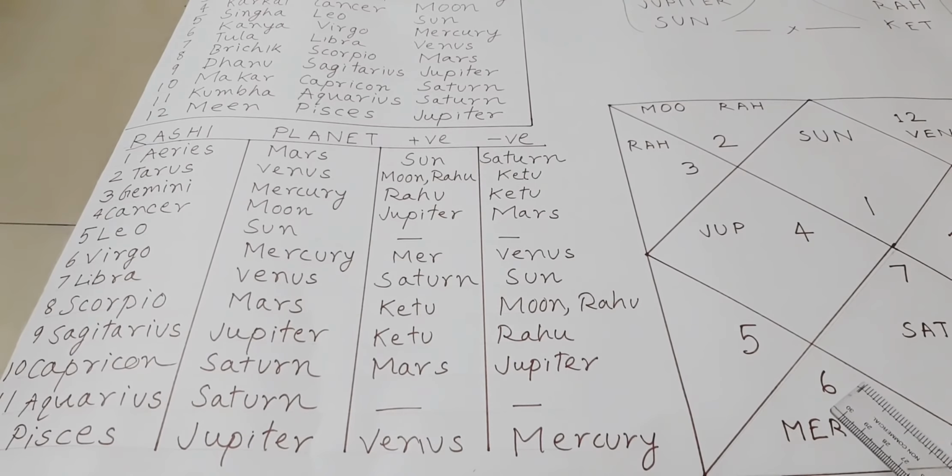For example, one person is born at a time today and his time starts with Mercury Mahadasha. And another person who is born at the same time on another day, his Mahadasha starts with, say, Guru Mahadasha. Definitely at a certain age they will be going through different Mahadashas and Antardashas.